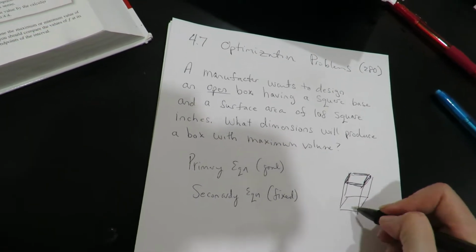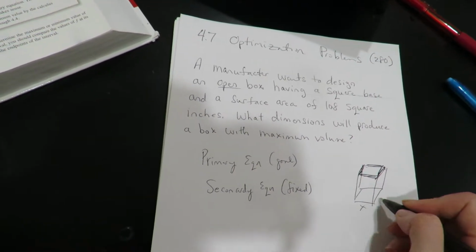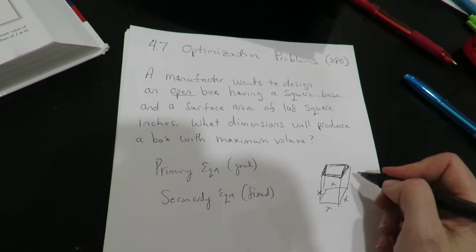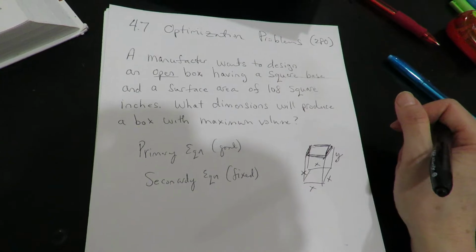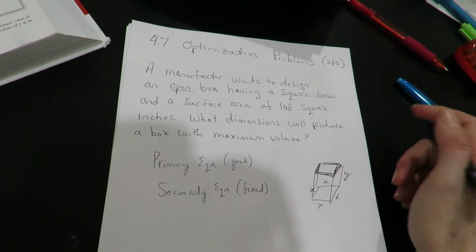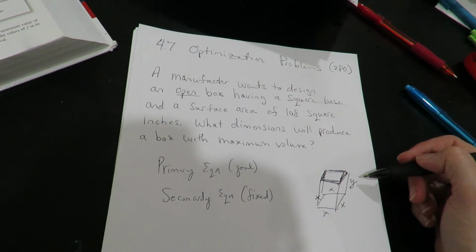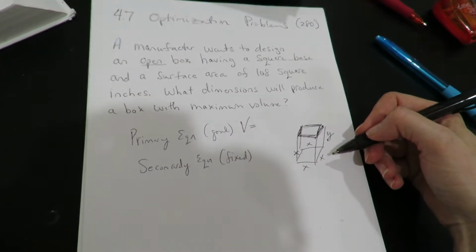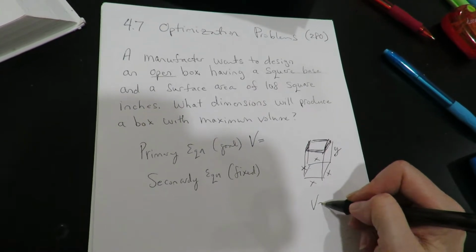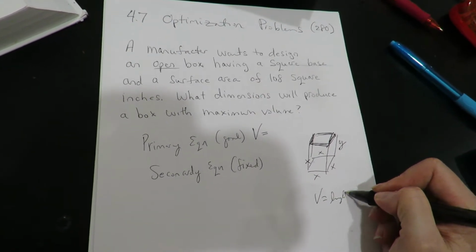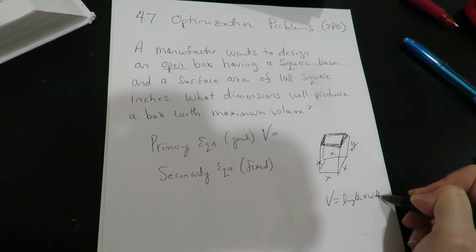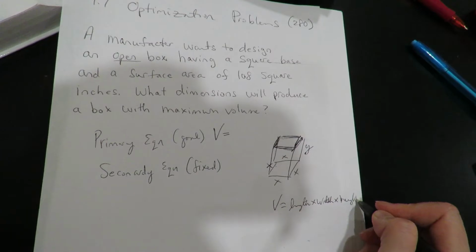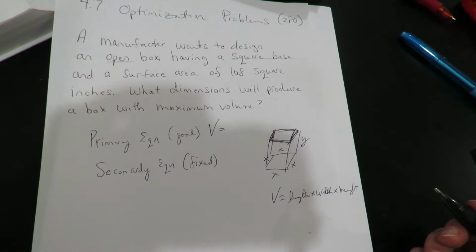So now this box has a square base, so that means that the base is a square. So it's x by x by x, and they're not specifying how high the box is, so we'll call that y. So this is a box with a square base. You want to maximize the volume, and the volume of a box is length times width times height.